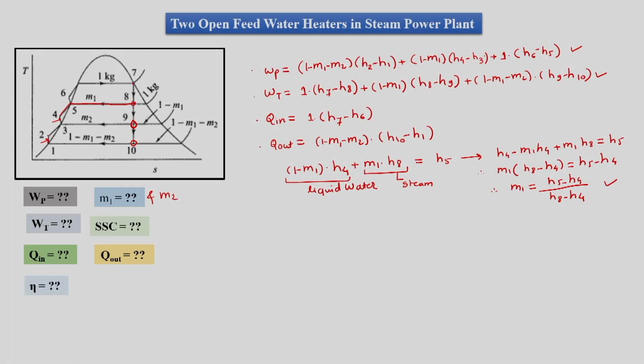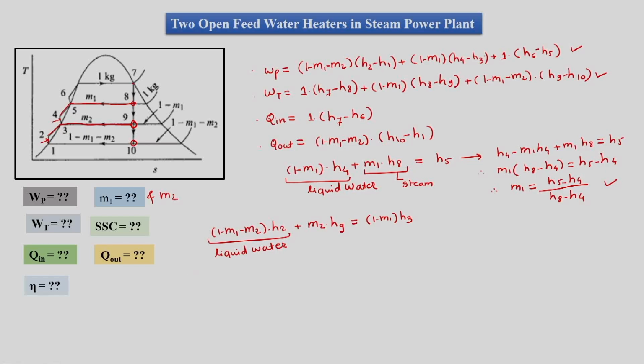Then here the equation is along this line, where we can write 1 minus m1 minus m2 mass of liquid water at H2 mixes with m2 mass of wet steam at H9, and then we get 1 minus m1 mass at H3 of the mixture.